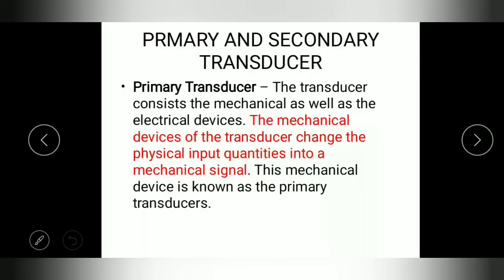So our next classification is primary and secondary transducer. A primary transducer is a primary sensing element which senses the input quantities. It is basically a mechanical device, known as the primary transducer, and it senses the physical input quantities.